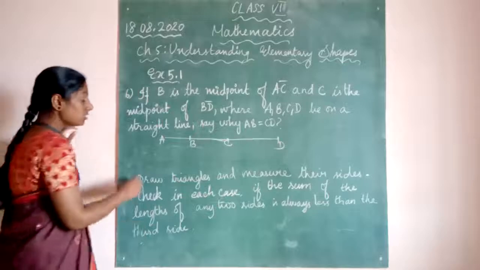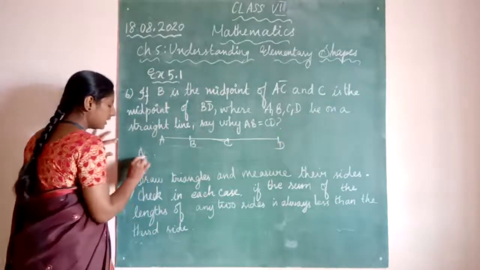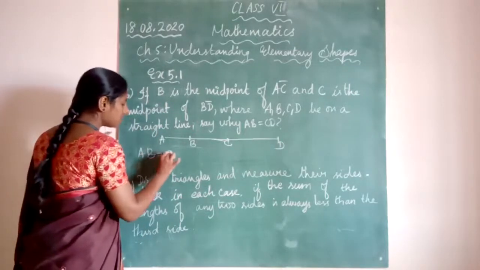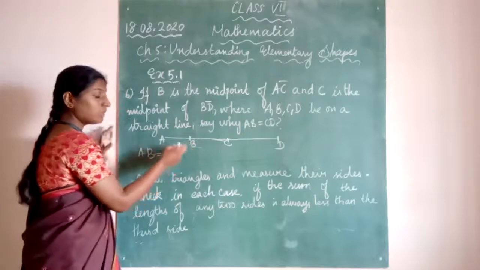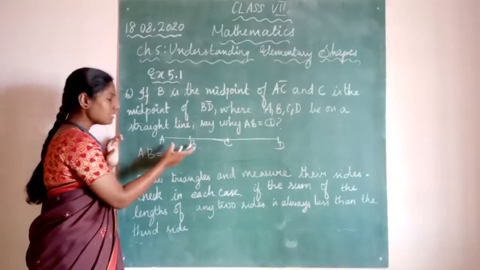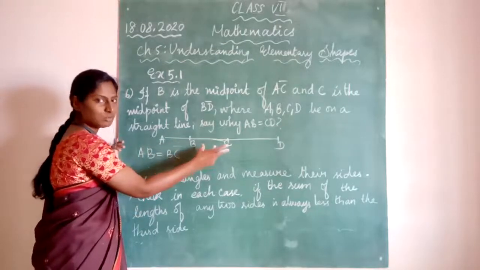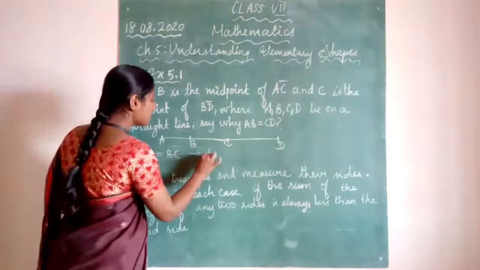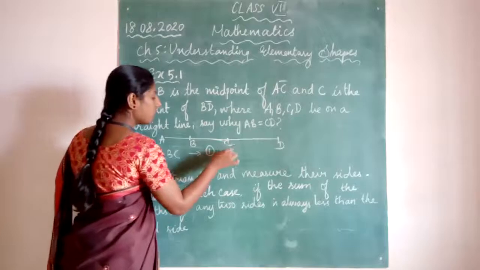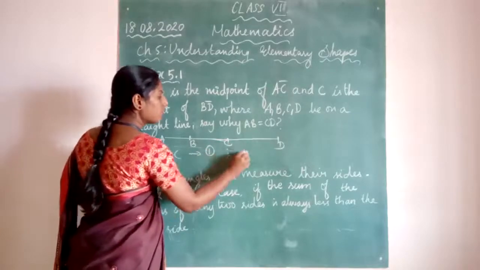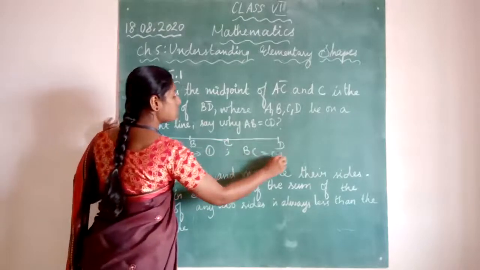Okay, so from the first statement we can write AB is equal to BC because B is midpoint. You know, if B is midpoint, then the measure of line segment before midpoint and measure of line segment after midpoint should be equal. Okay, so let us keep this as 1. Then from second statement you have BC is equal to CD because C is the midpoint.